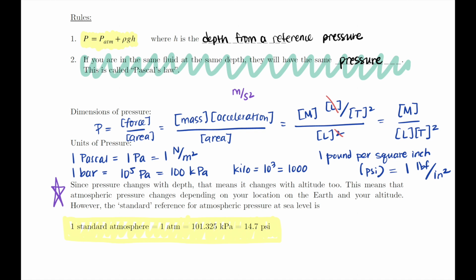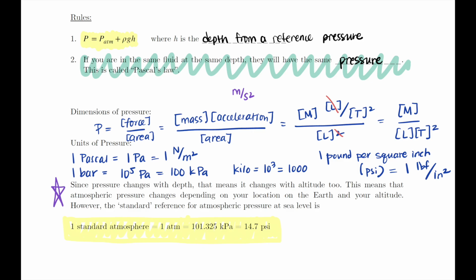However, there are standard reference values for atmospheric pressure at sea level, which are these values that I have down here. So one standard atmosphere is 1 atm or 101.325 kPa or 14.7 PSI. And those are all equivalent.